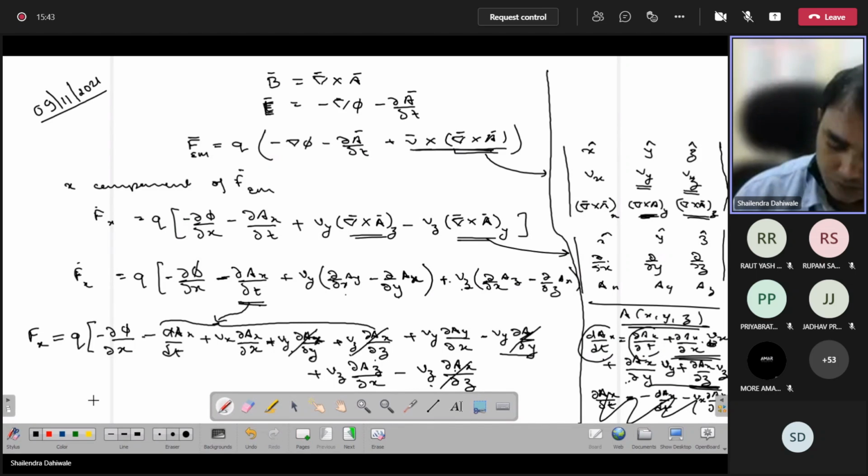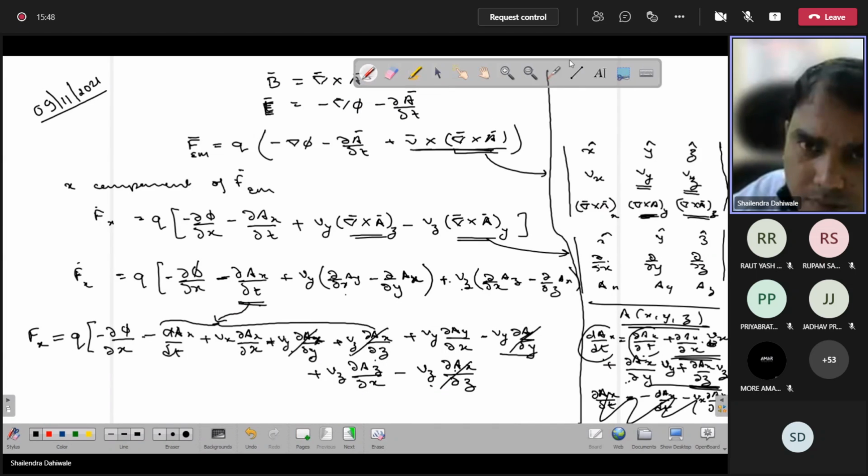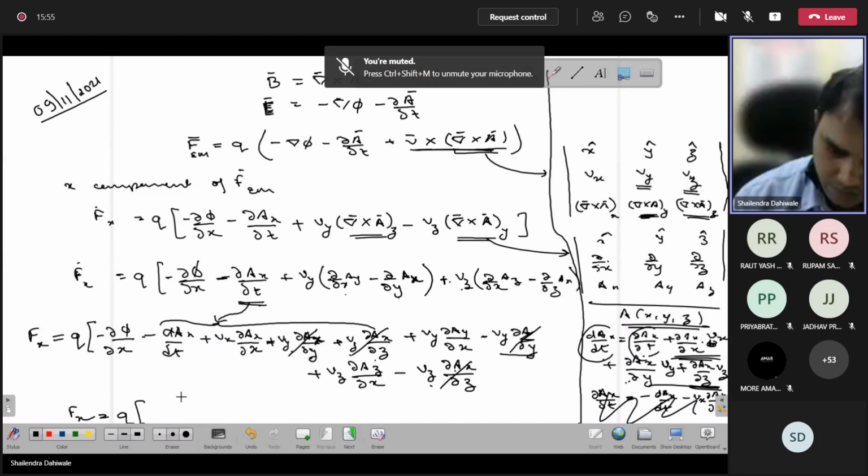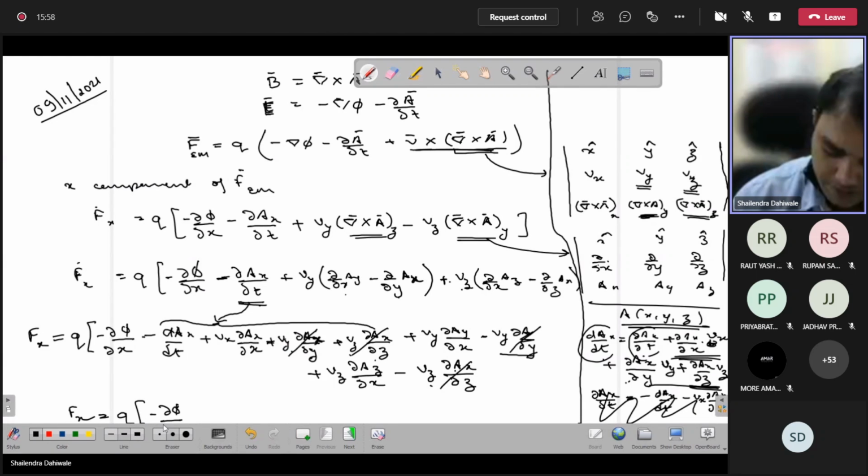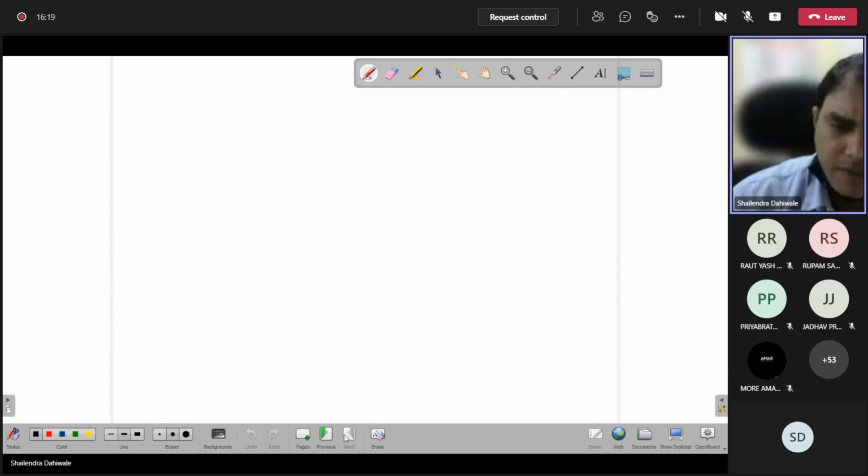So you only have the x component of this as q times minus del phi by del x minus dAx by dt as it is, and what remains is plus Vx del Ax. Continue on another page.